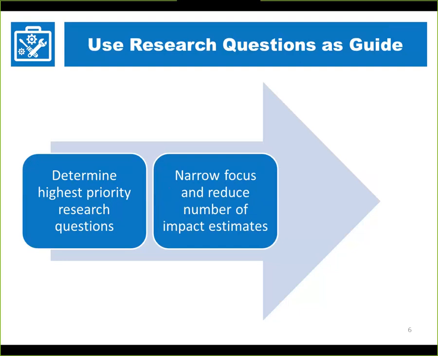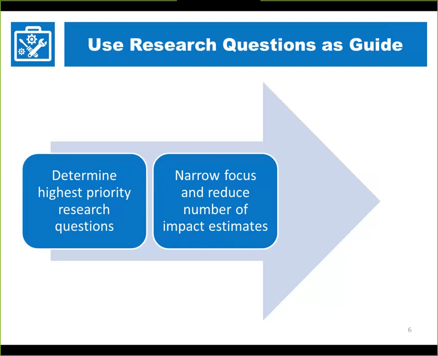And second, conducting many tests of the intervention's impacts increases the probability of finding a statistically significant effect when it does not exist. This is called type 1 error. In order to reduce this risk, the What Works Clearinghouse adjusts for multiple comparisons by setting a more stringent threshold for statistical significance based on the number of tests being conducted.